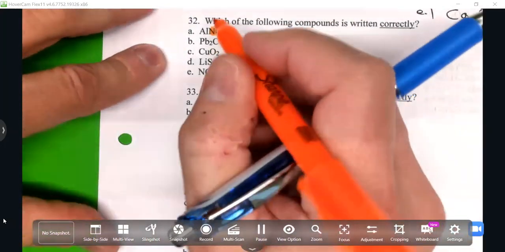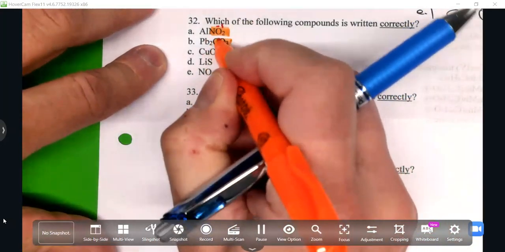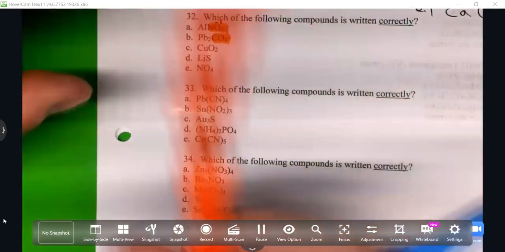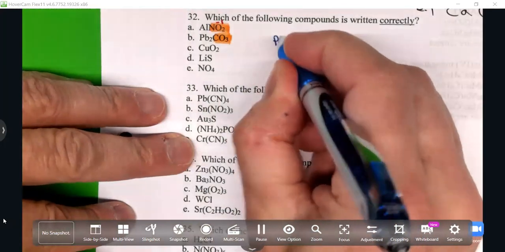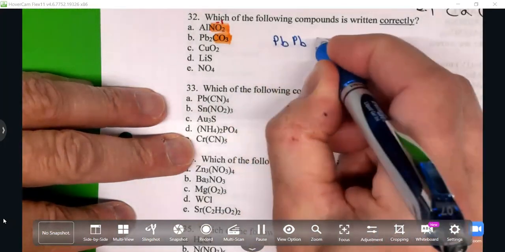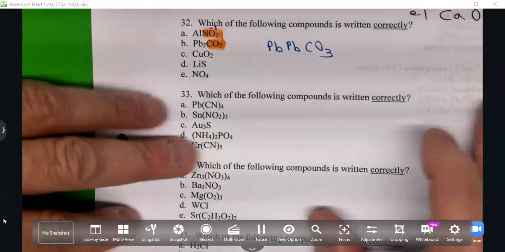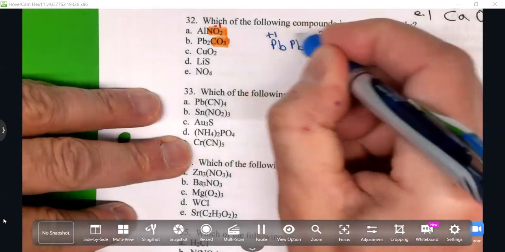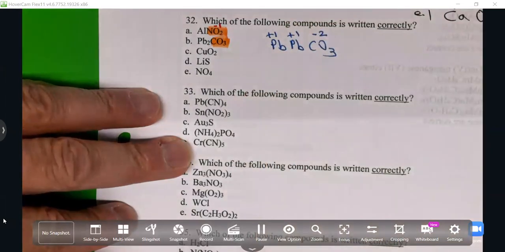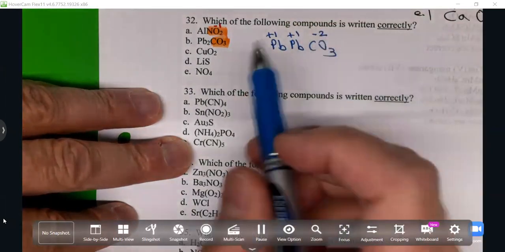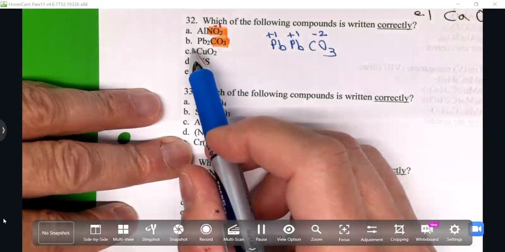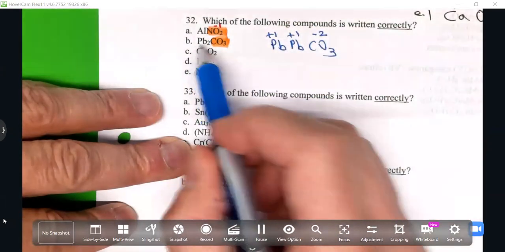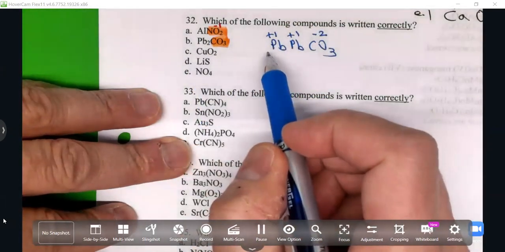This right here, though, we should have carbonate here. So if that is carbonate, carbonate is -2. So that would mean we've got lead 2s on these to get 0. And there is no lead 1, right?